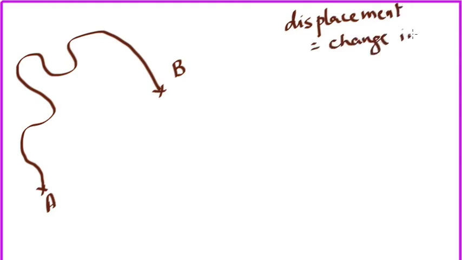The distance that the particle traveled is the length of this curved path, but we ask the question, what is the displacement of the particle? Now, the definition of displacement is change in position.